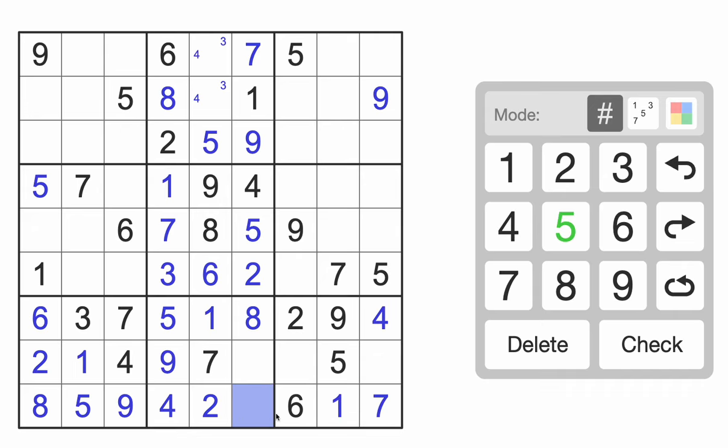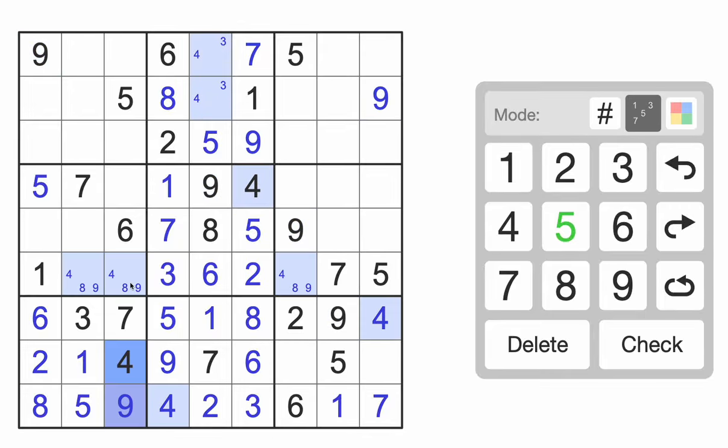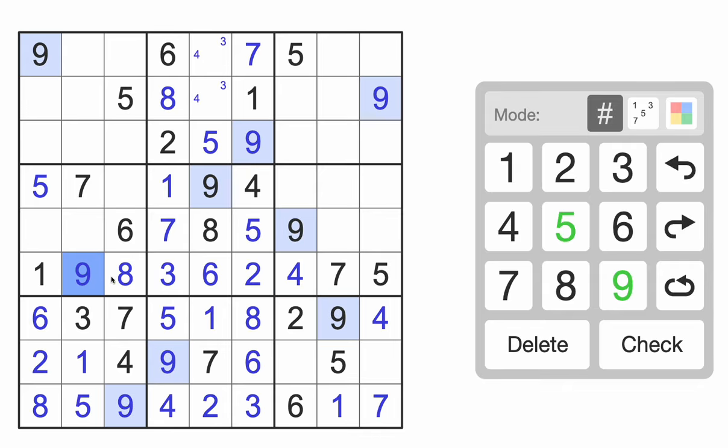The last number of this row is 3, and this would be 6. And now these are 4, 8, 9. Here's 4 and the 9, which makes this cell 8. 9 is here, so this would be 4, and this would be 9.